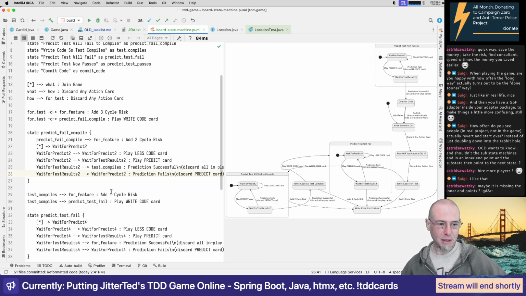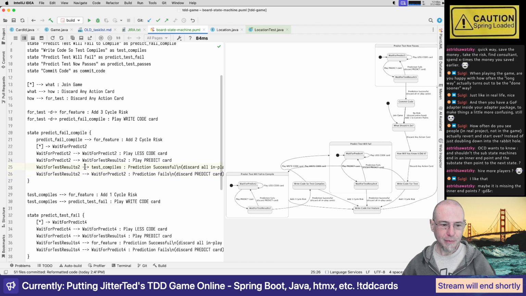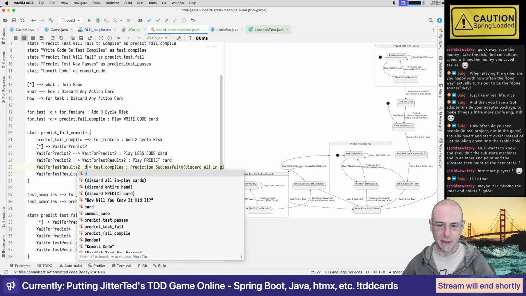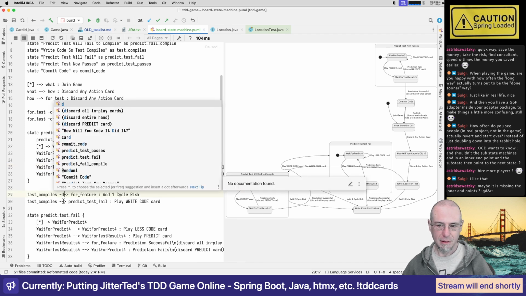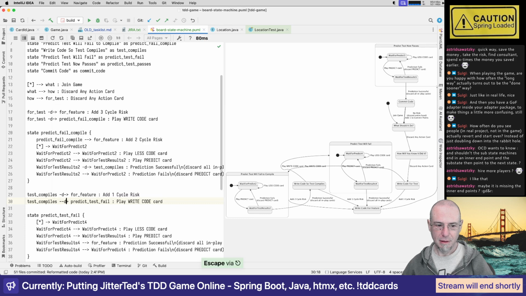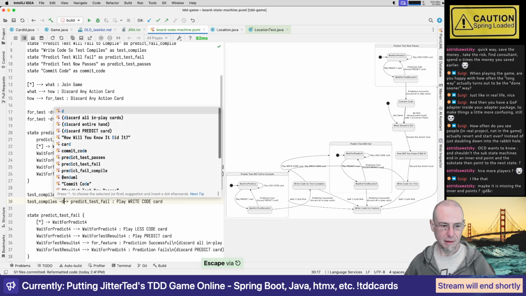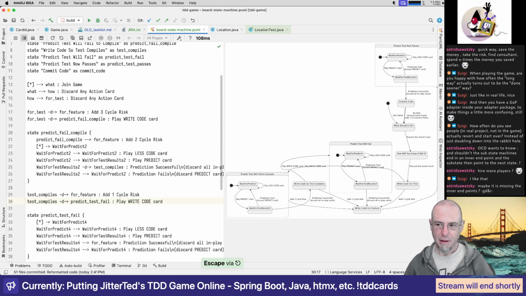Wait for test results 2. I'm going to push this to be D. That doesn't seem to matter. I feel like it's no longer paying attention to what's going on.